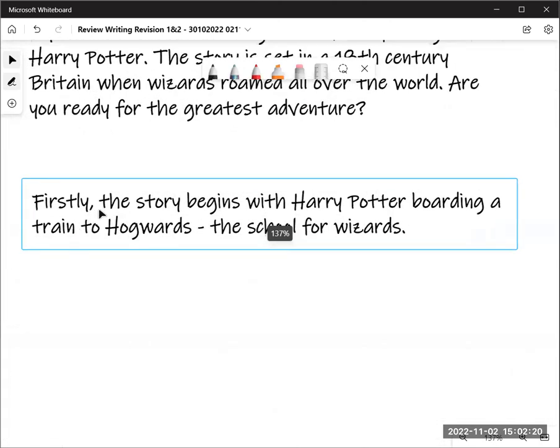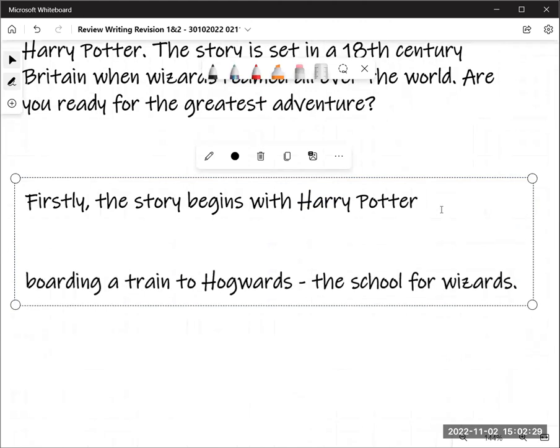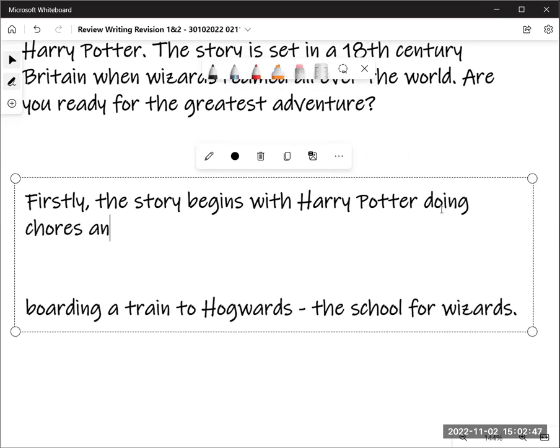So instead of saying the story begins with Harry Potter boarding a train to Hogwarts, that's too much. Let's instead say the story begins with Harry Potter doing chores and being scolded by his aunt.